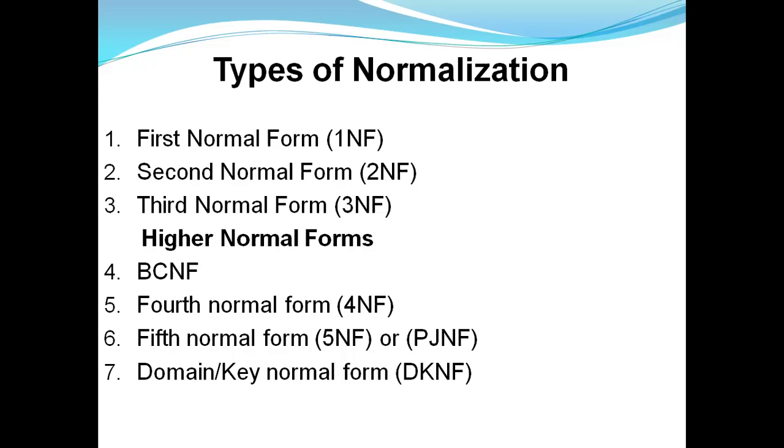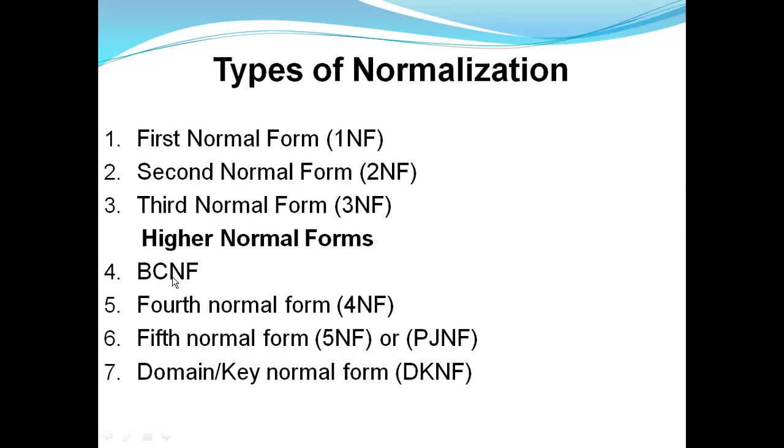So we have certain normal forms here. First normal form, second normal form, third normal form. They are collectively called 1NF, 2NF, 3NF. In the industry, we have to go only up till the 3NF. The rest are called higher normal forms.